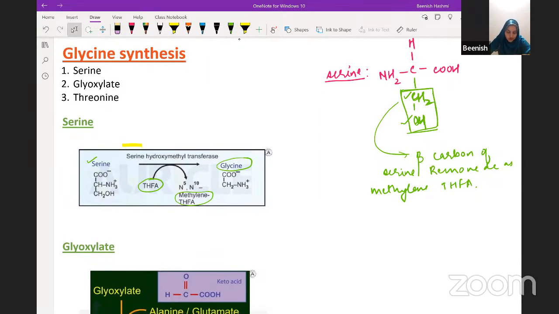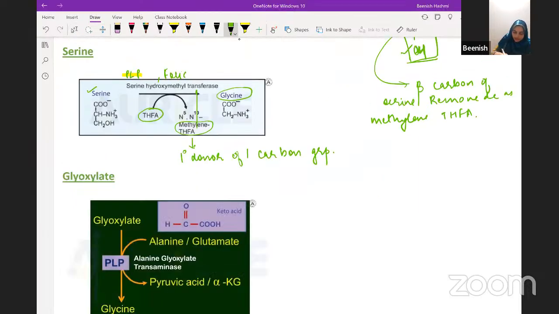This methylene tetrahydrofolic acid that is formed is the primary donor of one carbon group. And what else is needed for this reaction? PLP and folic acid. Folic acid, you can already see why it is needed.